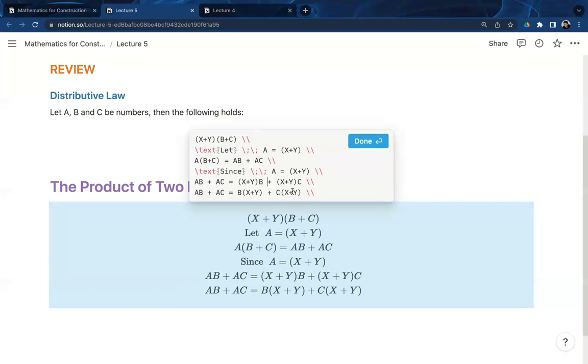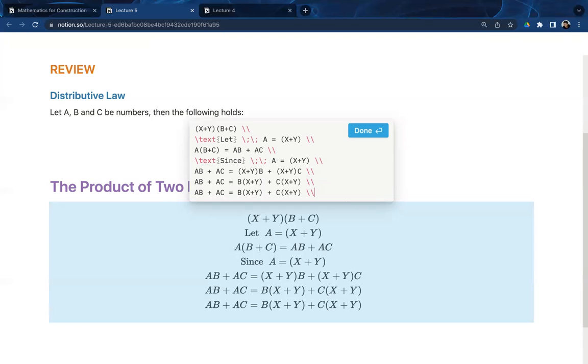So this is b by x plus y. Let's multiply it out. That's bx plus by plus cx plus cy. And this ab plus ac is really this up here.